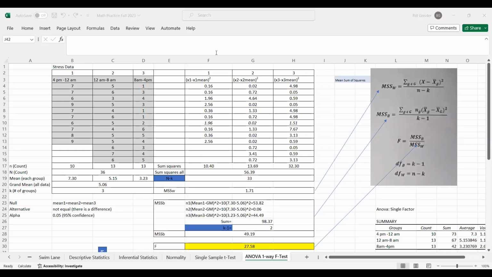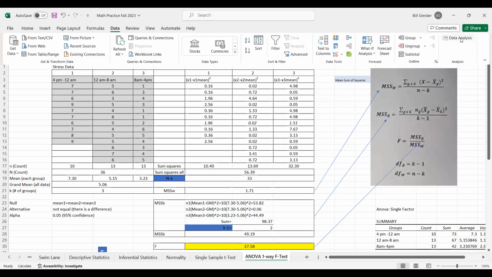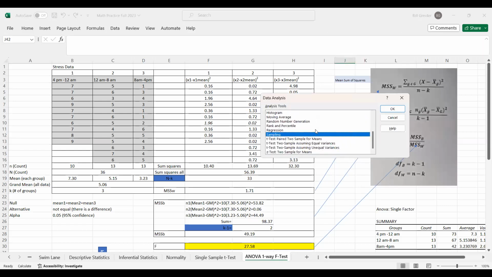And I just wanted to show you in data again. This is a review, the data analysis pack, and you'll see down here, we're doing an F test, two-sample for variances, one way.